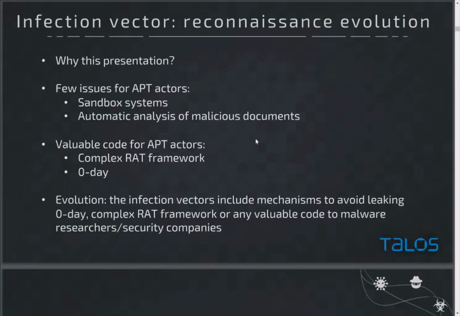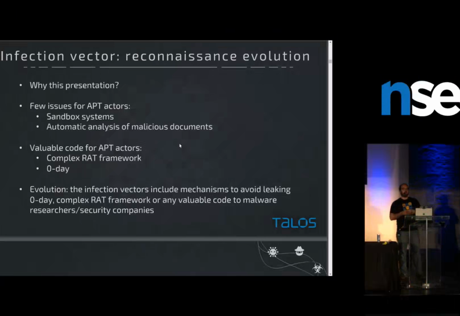In my case, generally, the common model is that the attackers send a document, an Office document, Excel document, whatever, with a macro or a 0-day vulnerability, and they finally execute something on the machine. And this something is usually a remote administration tool that gives the bad guys access to the machine.